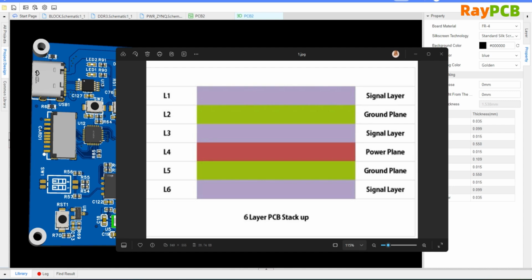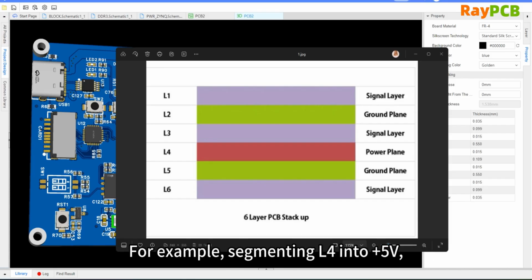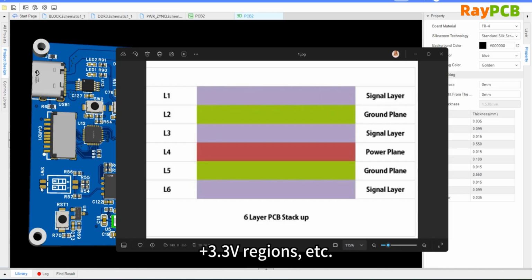We can make detailed splits on the L4 layer. The main strategy is to divide the main power plane L4 into different voltage regions, for example splitting L4 into regions such as plus 5 volts, plus 3.3 volts, and others.